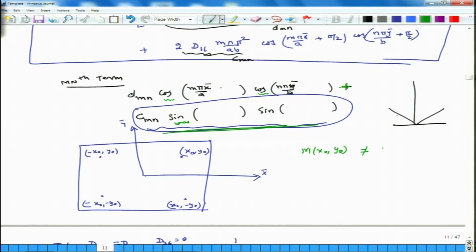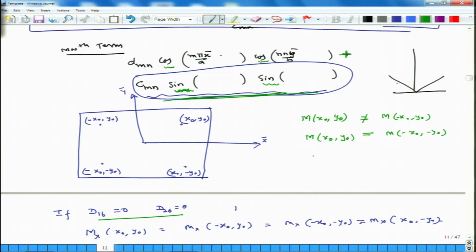So m at x naught y naught will not be equal to m at minus x naught y naught. Now if I change both x and y to their negative values, then this negative and this negative will multiply. So m at x naught y naught will be the same as m at minus x naught minus y naught.